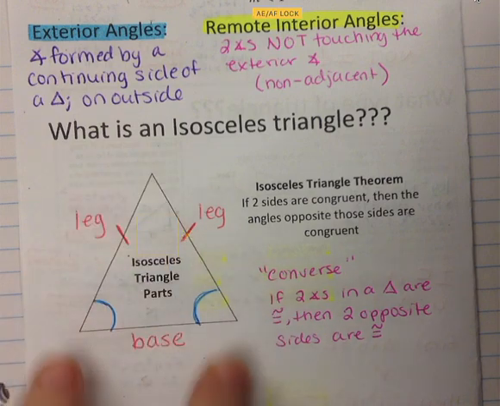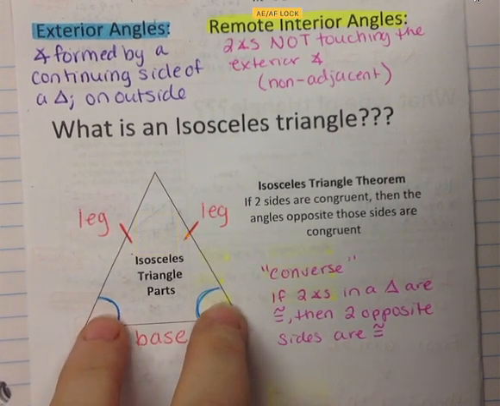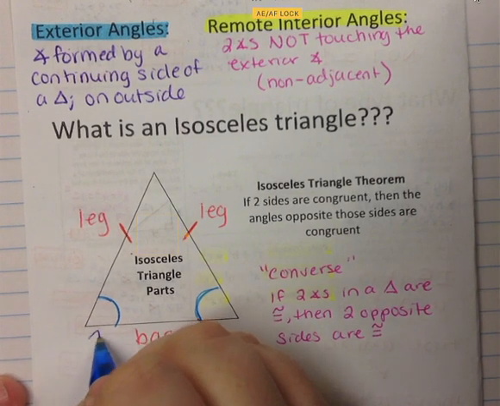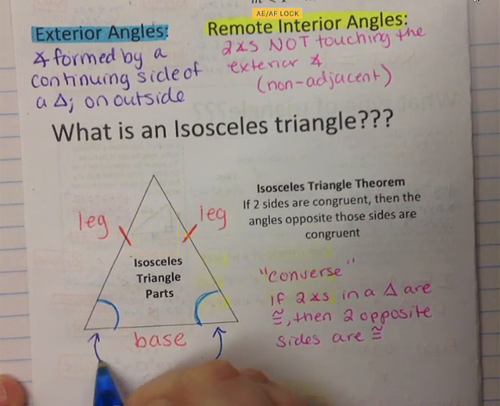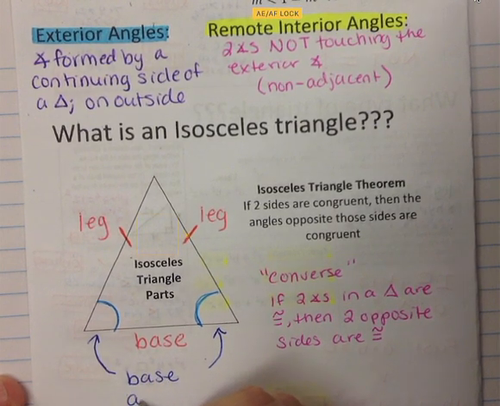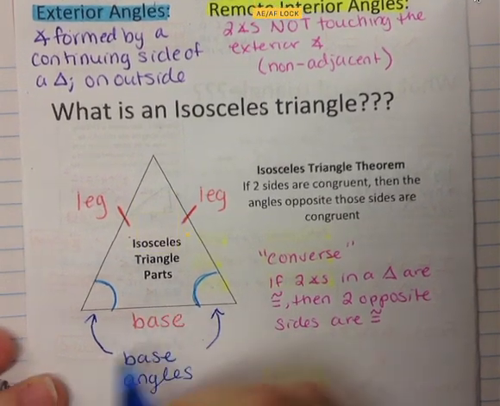Now going back to the angles, these two angles, since they are congruent, are called your base angles because they are attached to your base. Your base angles in an isosceles triangle are congruent.